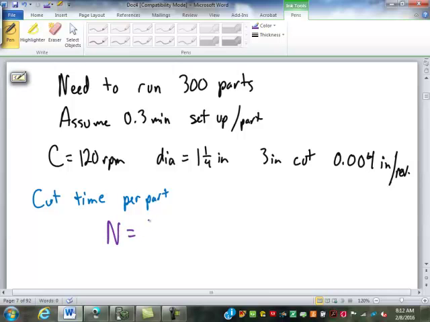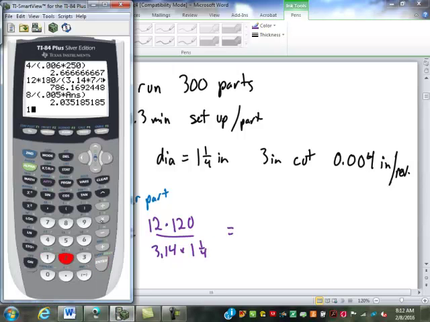So RPM is going to equal 12 times our surface cutting speed of 120, divided by 3.14 times our diameter of 1 1/4. So 12 times 120 divided by 3.14 times 1.25.